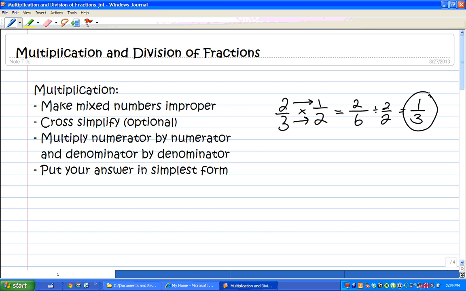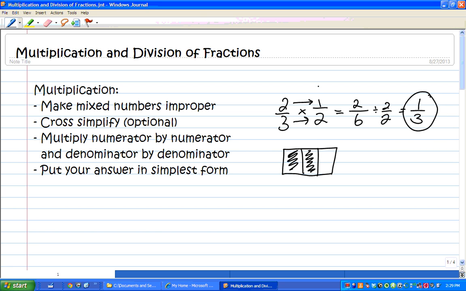Some people get really confused. They say, well, how come you end up with something small? The easiest way for me to explain it really quickly here, hopefully this isn't confusing, clearer than mud. If I have 2/3 of something, and I were to multiply it by 1, it stays exactly the same. If I multiply it by anything larger, it gets bigger. For example, if I multiply it by 2, then I would have 4/3.